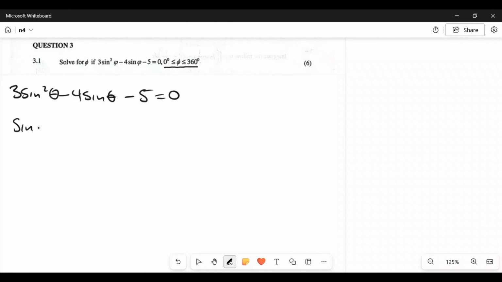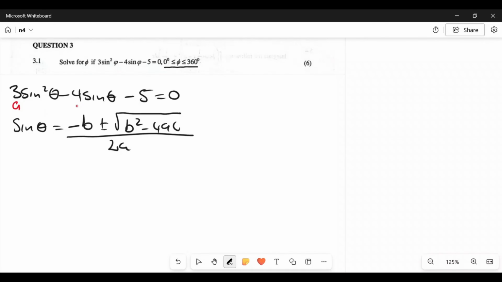We have sine theta equal to negative b plus or minus the root of b squared minus 4ac, divided by 2a. Let's name our variables here. We know that 3 is a, negative 4 is b, and negative 5 is c. Let's substitute our variables.